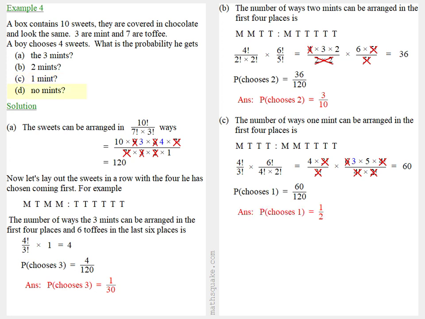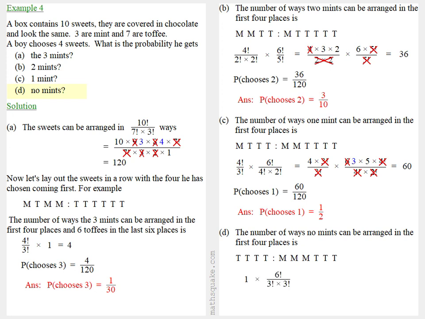And in part D we're asked what's the probability that he gets no mints. Well, the number of ways no mints can be arranged in the first 4 places is the rearrangements of 4 T's, which is just 1, times the rearrangement of 3 M's and 3 T's.